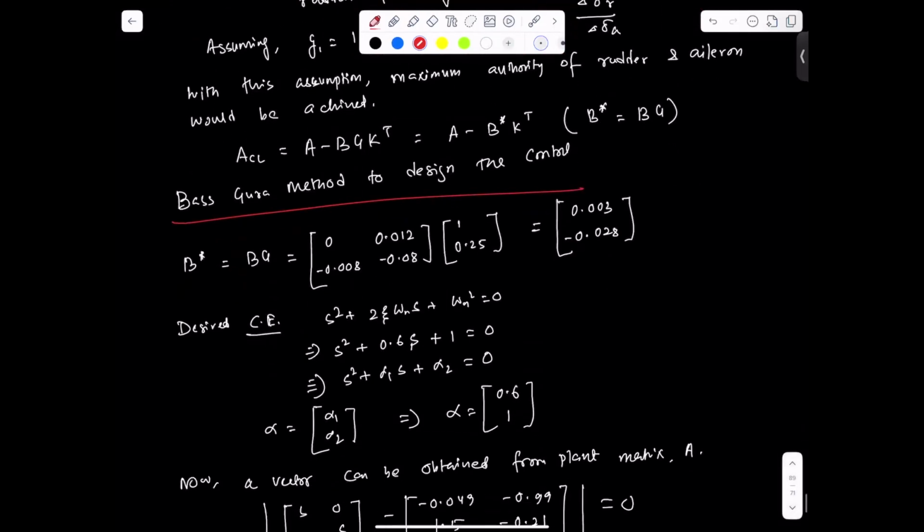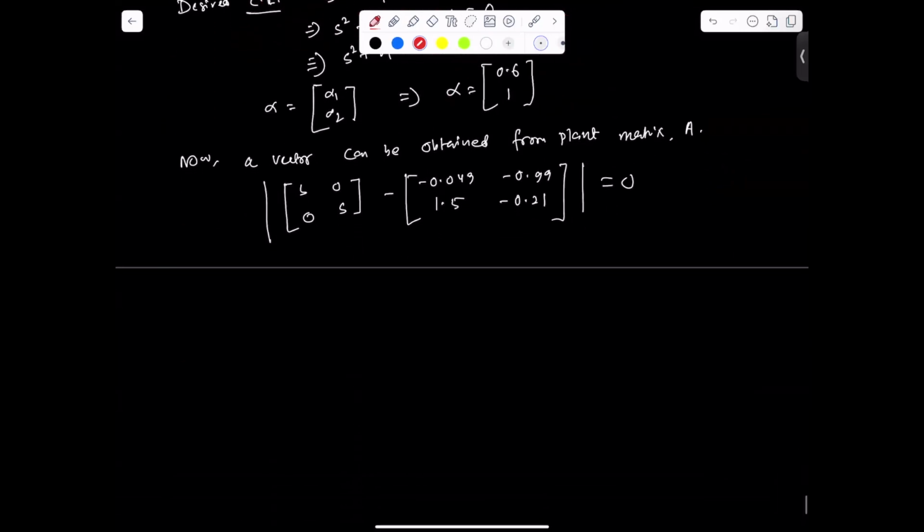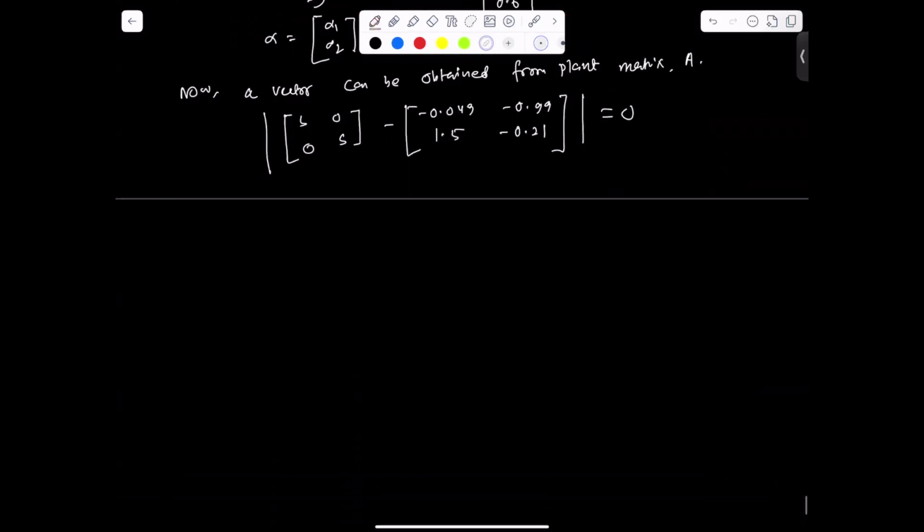This is the matrix, and from this the determinant is obtained to be s plus 0.04 into s plus 0.21 plus 1.495 equal to 0.